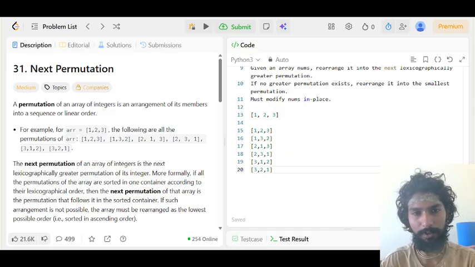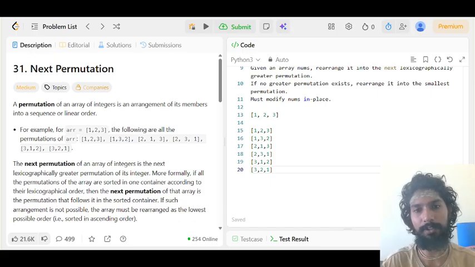So the first one is the lowest permutation, the last one is the highest order permutation. So the next permutation after 1, 2, 3 is 1, 3, 2. Similarly, the next after 3, 2, 1 does not exist because it is already the largest possible arrangement. So in that case, we return the smallest arrangement, that is 1, 2, 3.